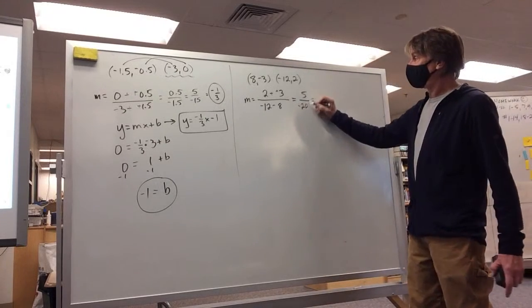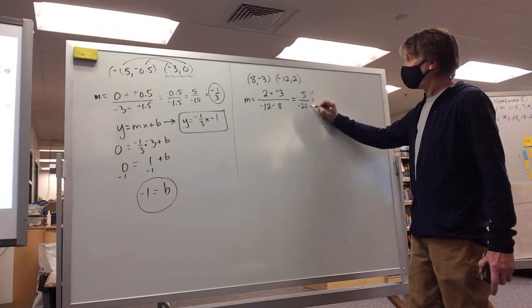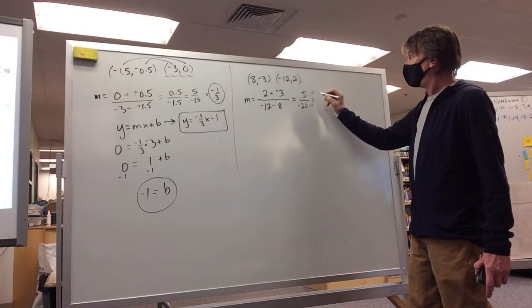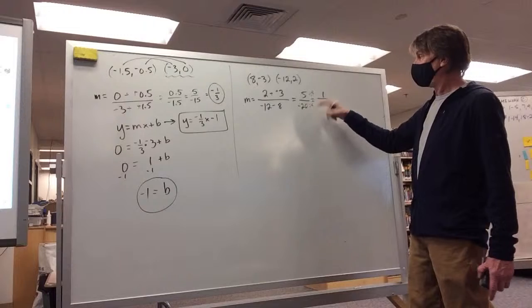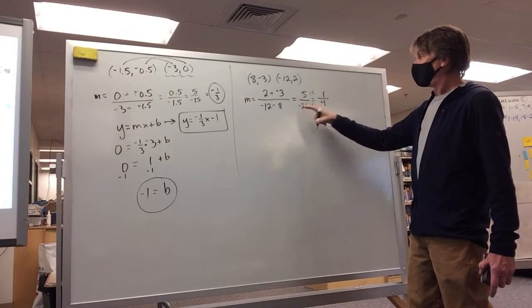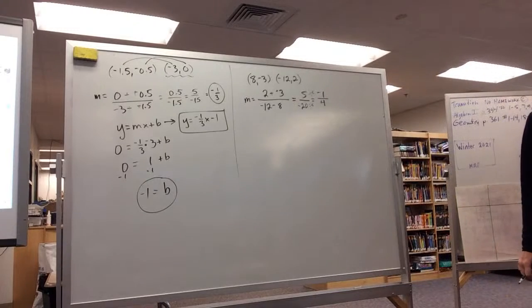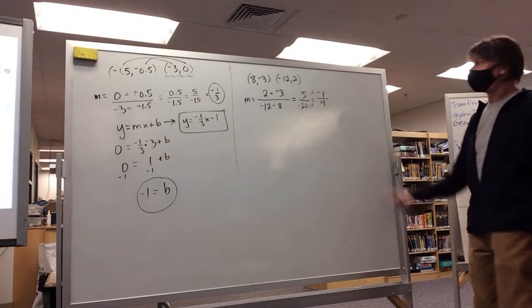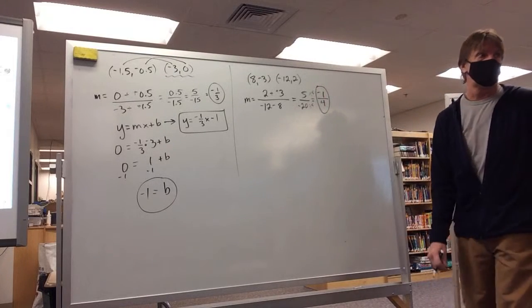So you look at the fact that 5 goes in both of them. So divide by 5, top and bottom. 5 divided by 5 is? 20 divided by 5 is? And it's gotta be negative, because a positive divided by a negative is a negative. So there's your slope. Now tell me what to do.